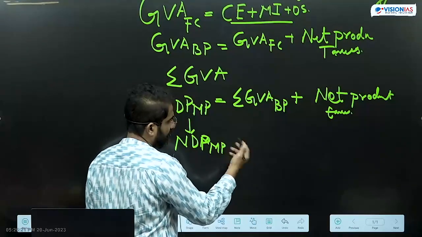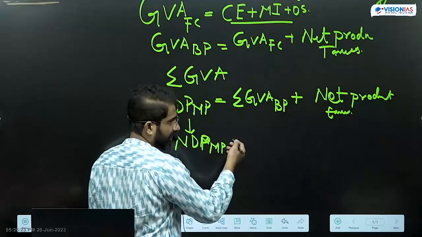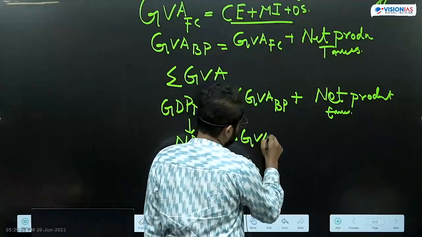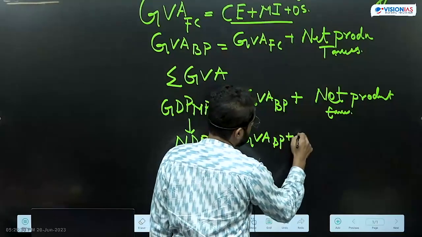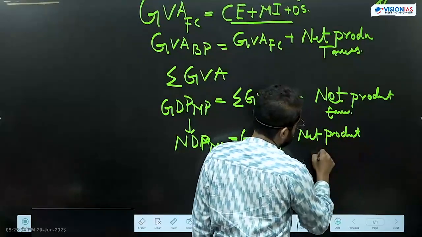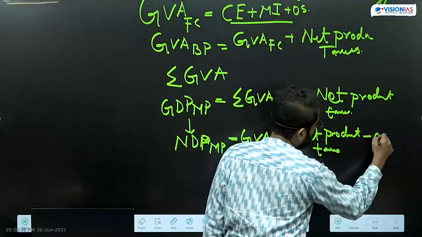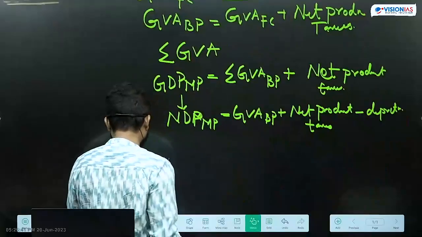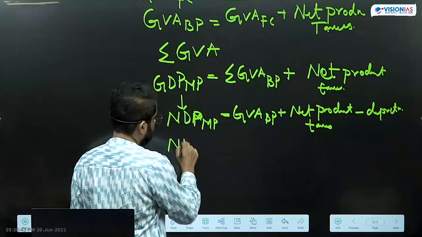Suppose I have to go to NDP at market price, then what should I do? Gross versus net means I have to remove depreciation. This is the first thing.